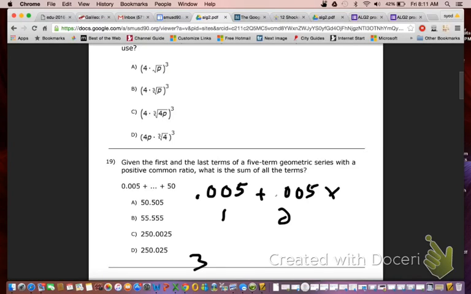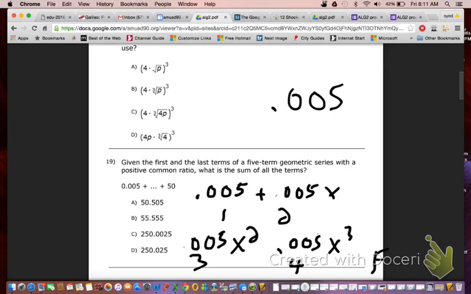The third one is 0.005x squared, the fourth one is, and the fifth one is 0.005x to the fourth. So that's your key right here.